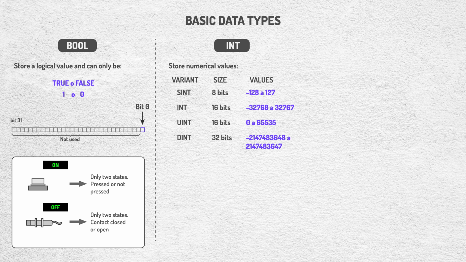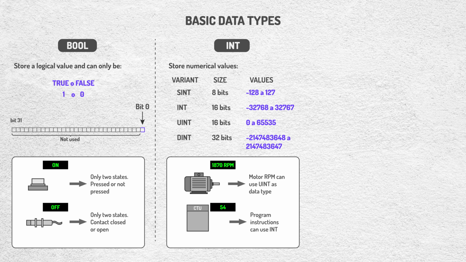The UINT type is an unsigned 16-bit integer, which only accepts positive values from 0 to 65535. Finally, the DINT type is a long signed integer of 32 bits, capable of handling values from -2147483648 to 2147483647.